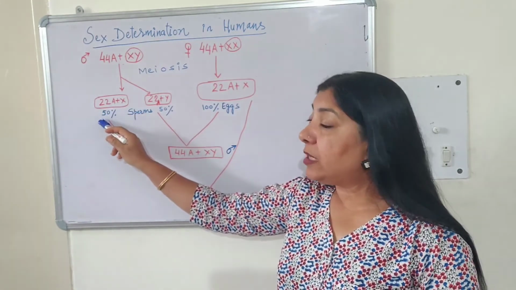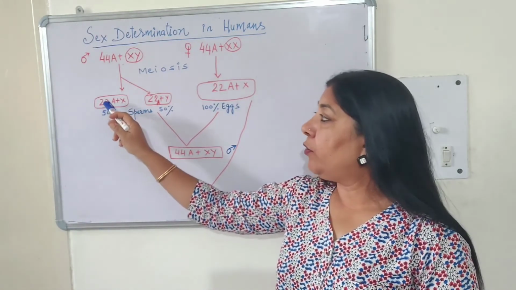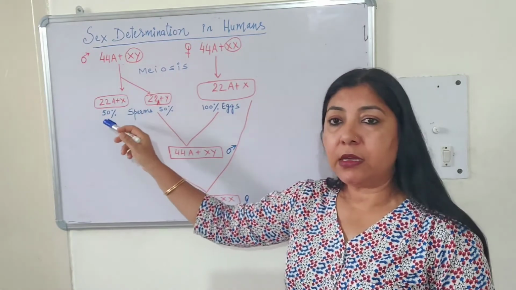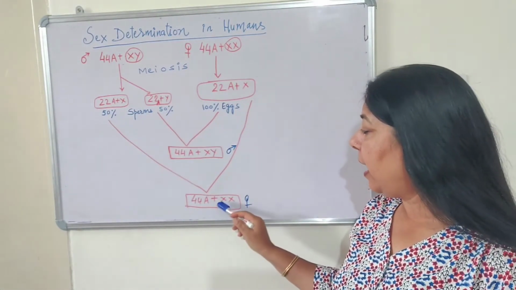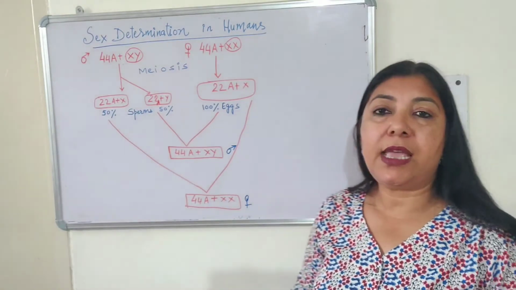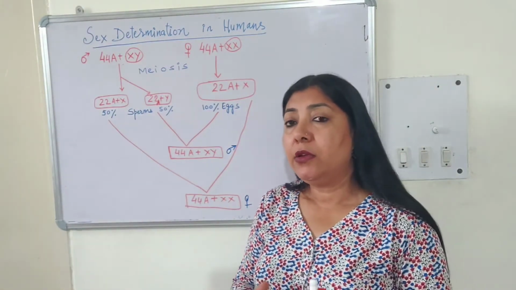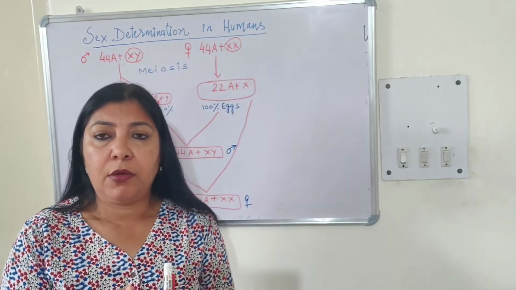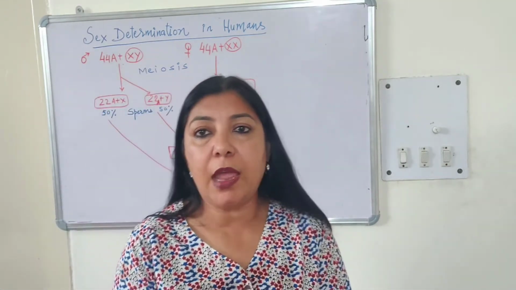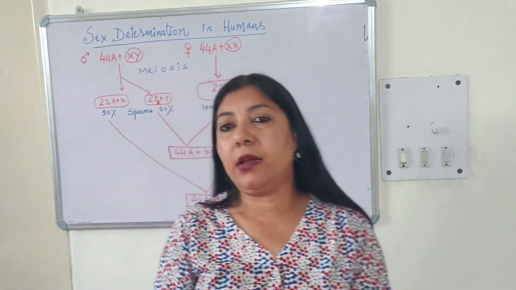Whereas when this sperm having 22 autosomes plus X fertilizes this egg, then it will be 44A plus XX, that is female. So it is just a chance which type of gamete fertilizes the egg.